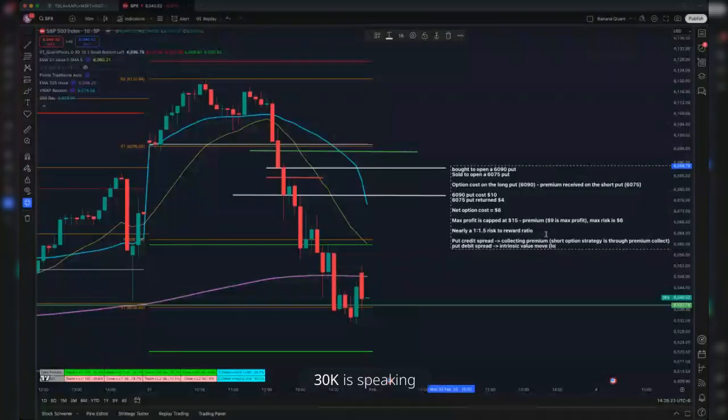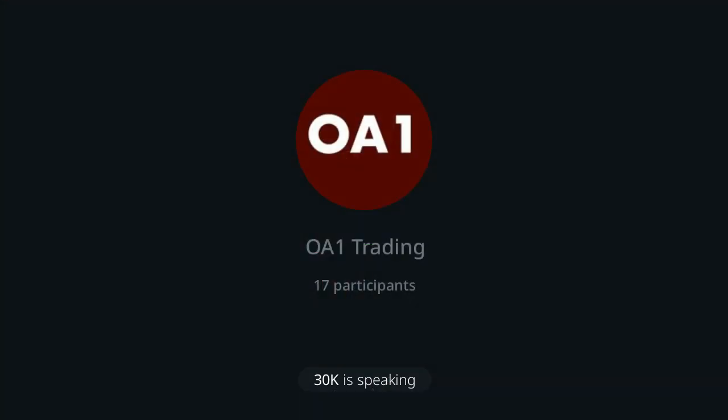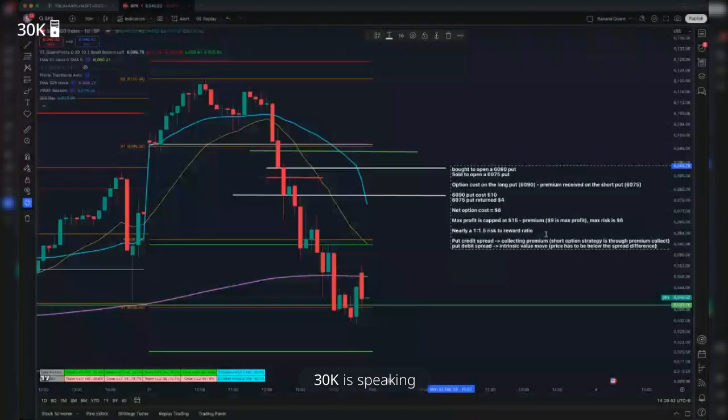So price has to be below the spread. The put debit spread would be essentially taking a long put strategy, but then you're capping your gains by having a strike that is further out of the money.